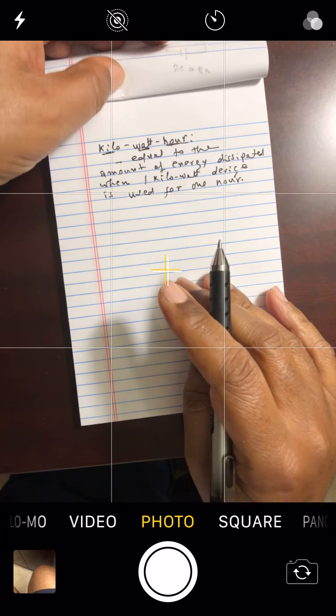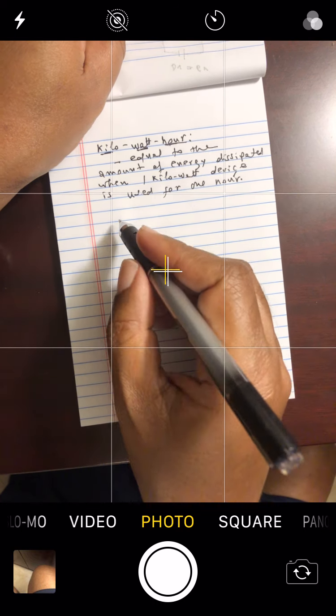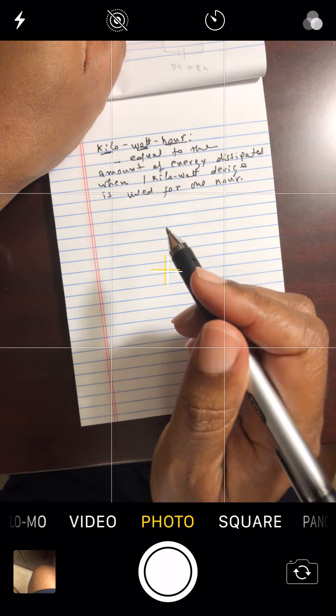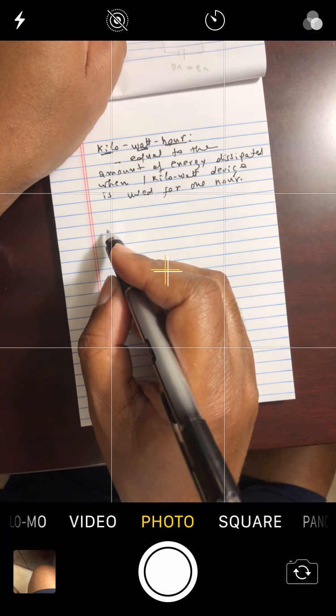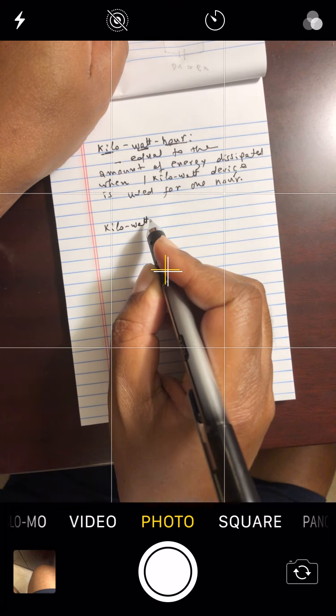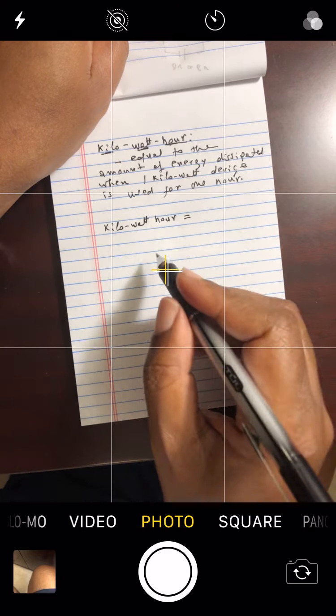All right, so let's convert into joules. We know that energy is power times time. So kilowatt hour, according to this definition, is power times time.